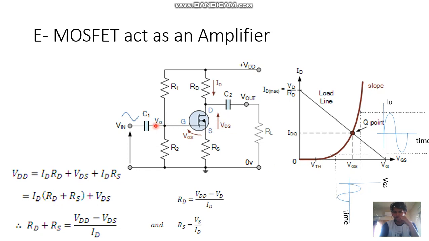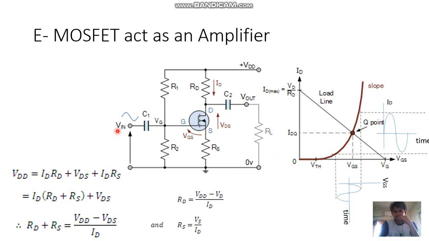So remember that. This is positive and this also should be positive. It should be clamped upwards, so that we are increasing the positive voltage and reducing the positive voltage.